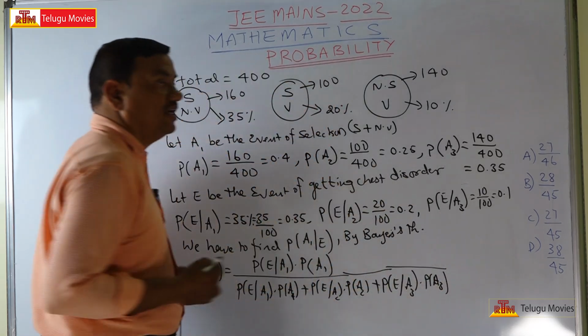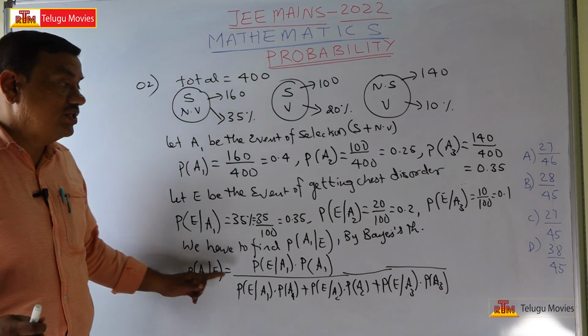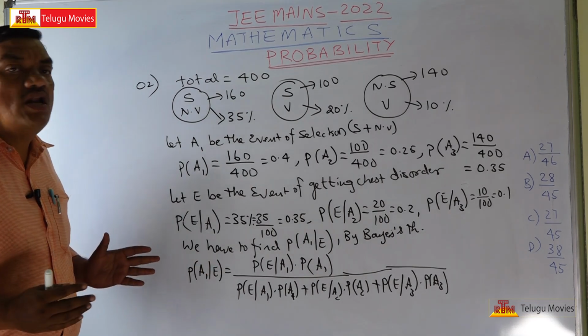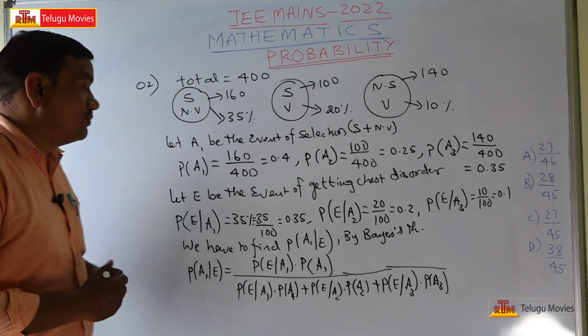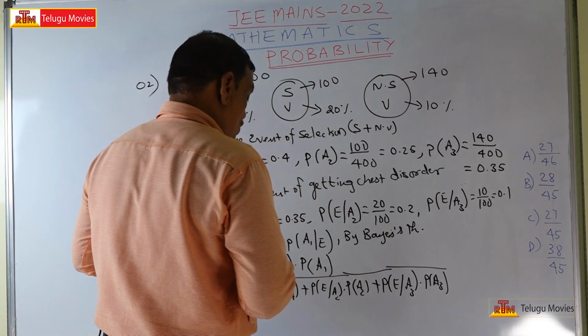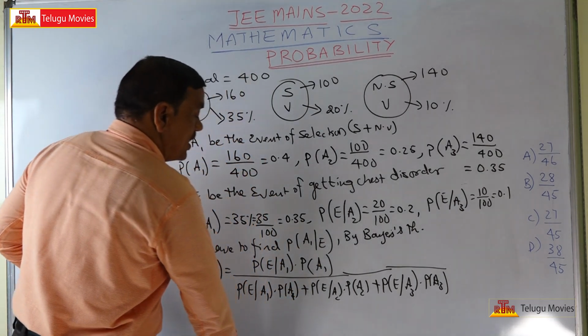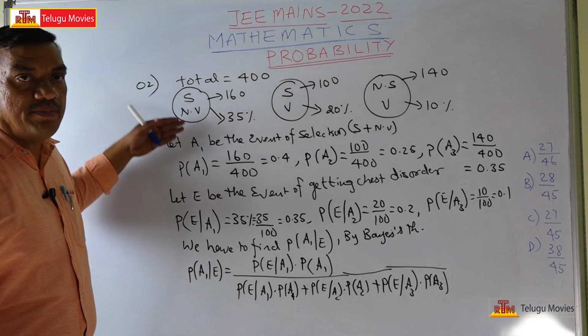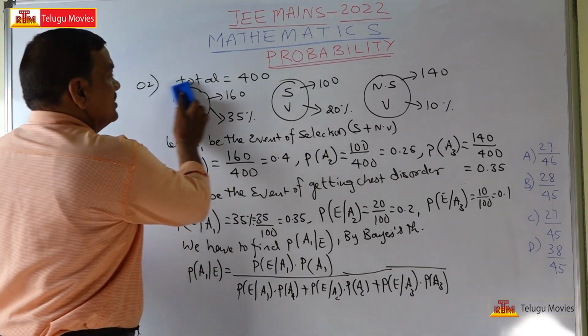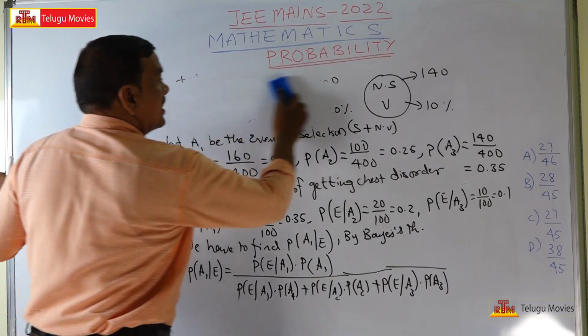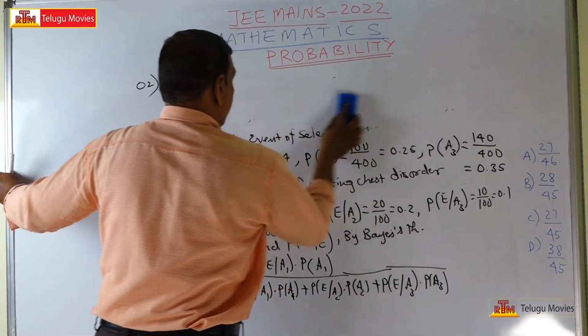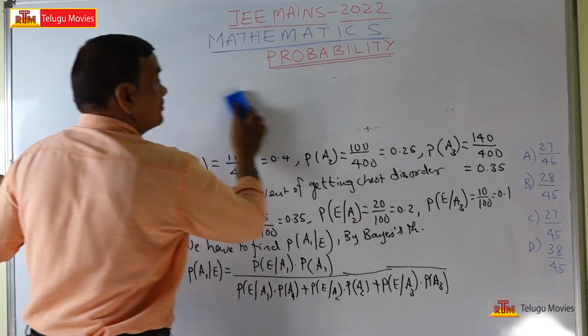Only three events are there. So, according to Bayes theorem, all values are known to us. Let us substitute these values here. Shall I rub this? Okay, I am rubbing this for your clarity.